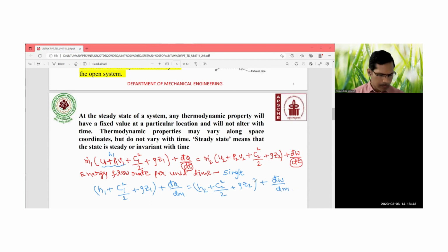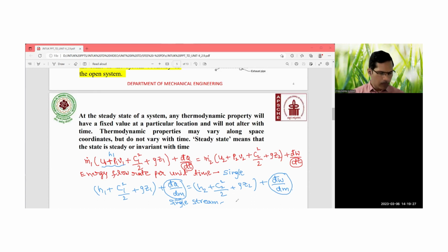This is the basis of energy flow per unit mass. It is more convenient when only a single stream of a fluid enters and leaves the control volume.